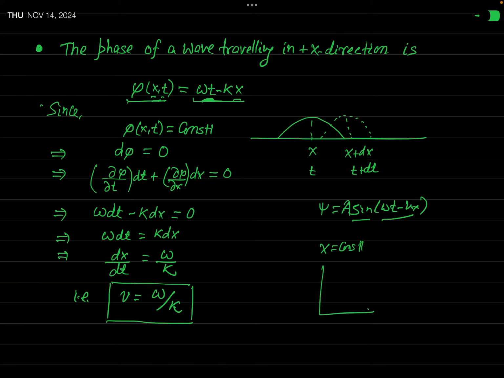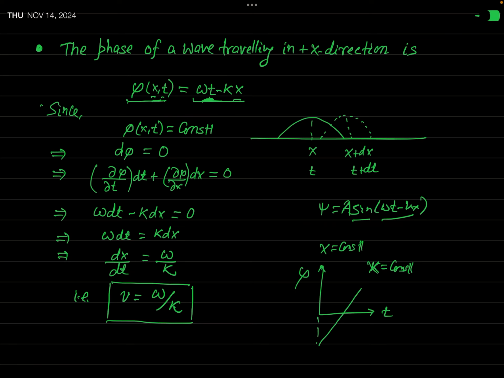If you plot this phase against time t, keeping x constant, then when t is 0, the phase will be minus kx.